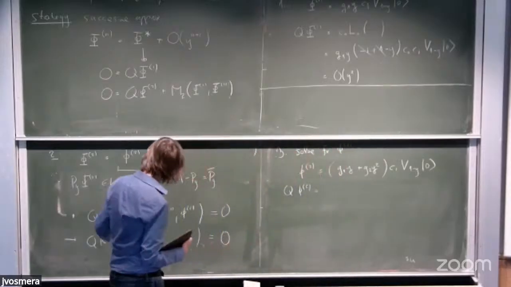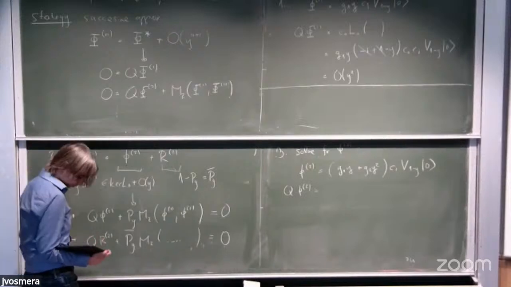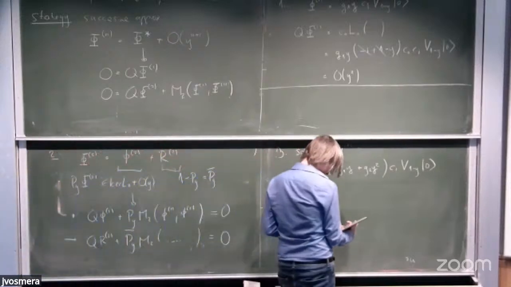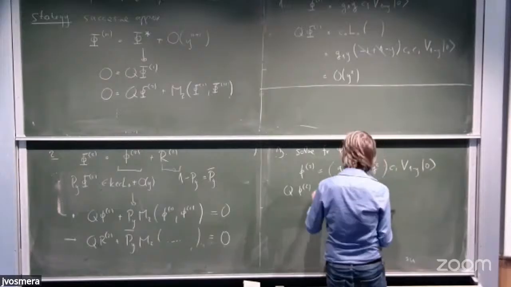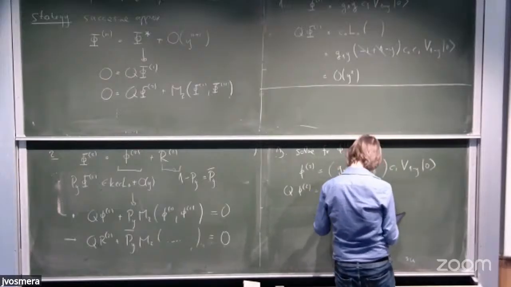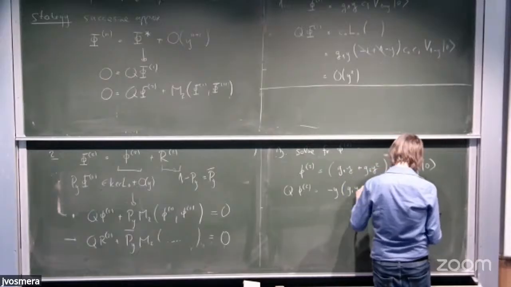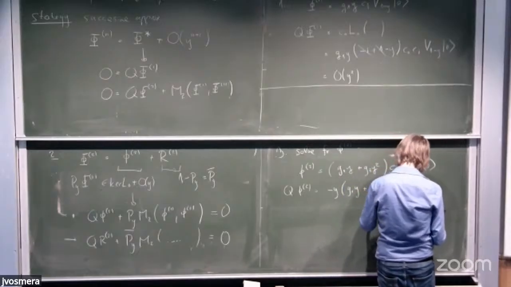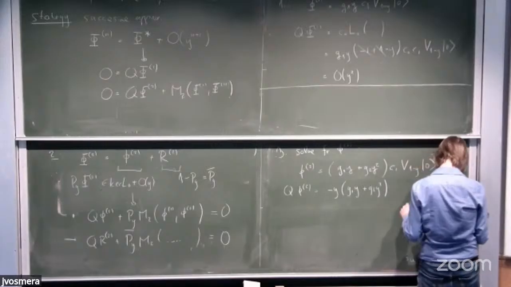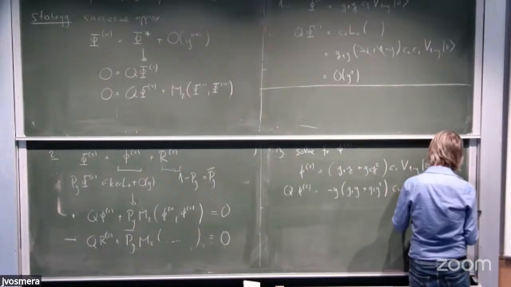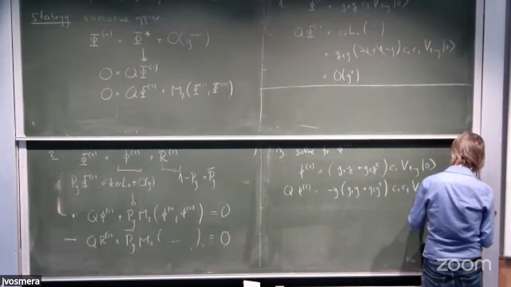Because that is precisely the first term of this equation of motion. So what I will get is minus Y G1 Y plus G2 Y squared C0 C1 V1 minus Y.